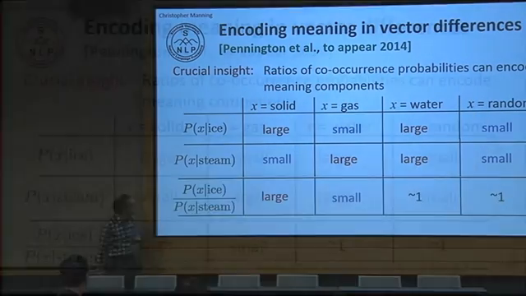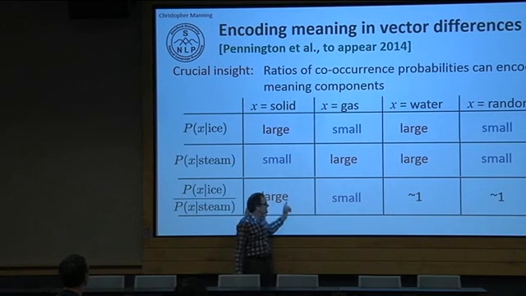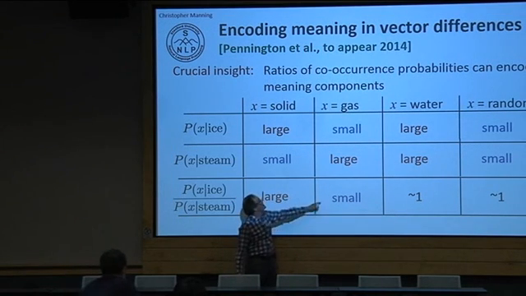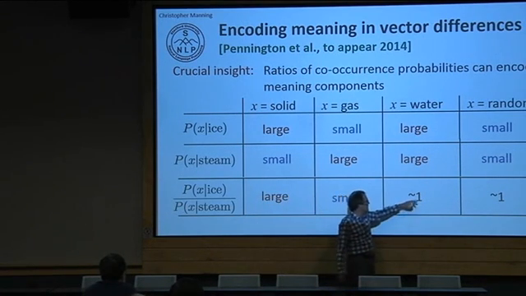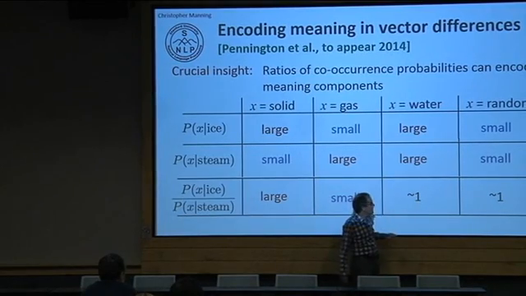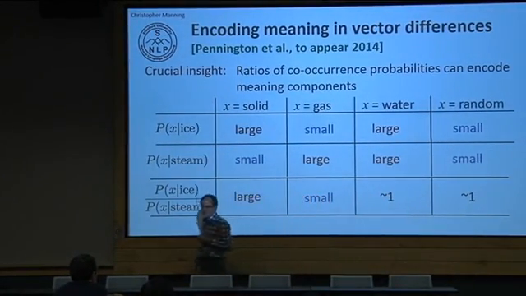But if we take the ratio between the two of them, we then get a dimension of meaning: a large-small contrast between gas and solid that represents the meaning difference between ice and steam, whereas for a meaning component that they share like water, or for some other random word, it approximately cancels out to 1.